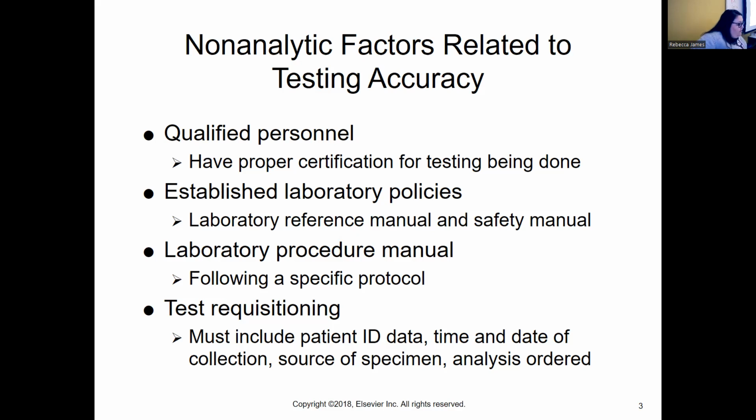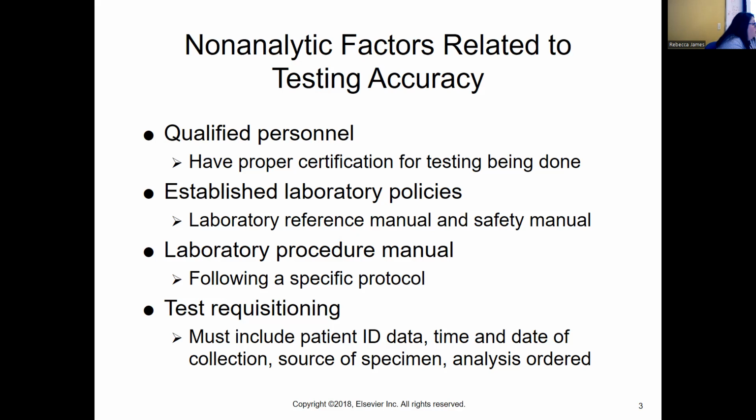And the analysis performed. So what am I doing on this? What I'm saying is your requisition needs to say what test I'm doing. So am I doing a urinalysis? Am I doing a culture? You get a lavender top tube, okay? And it has everything but the test that you're supposed to do.